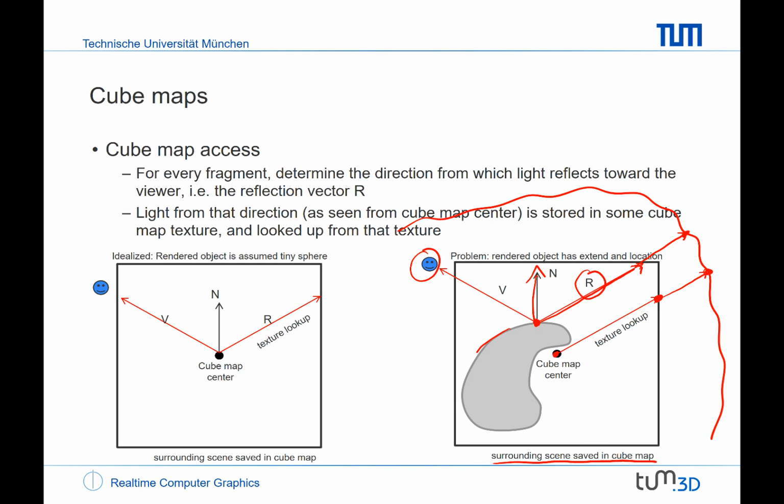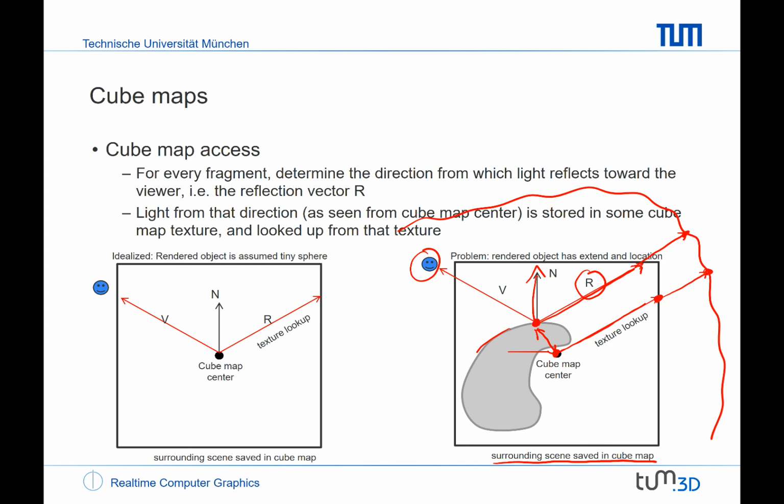And that is exactly what we see here. We have the point here, that fragment here, and we also have that point here, and they can both have the same reflection vector, but because they are translated about a certain distance, the environment point that is seen along these two reflection vectors will be different.